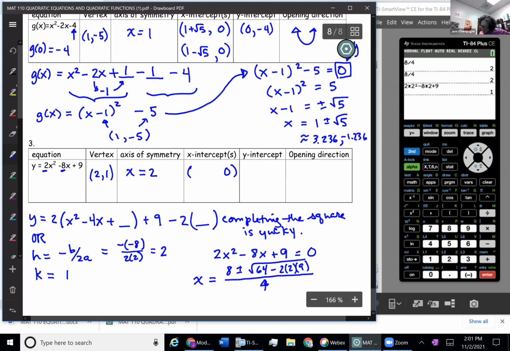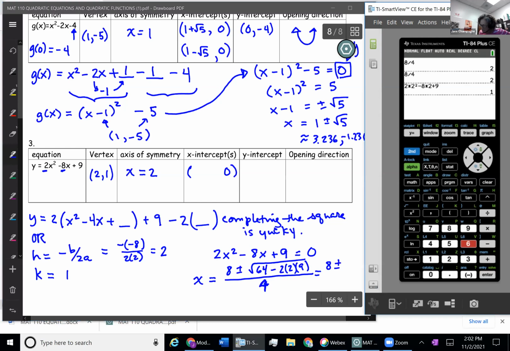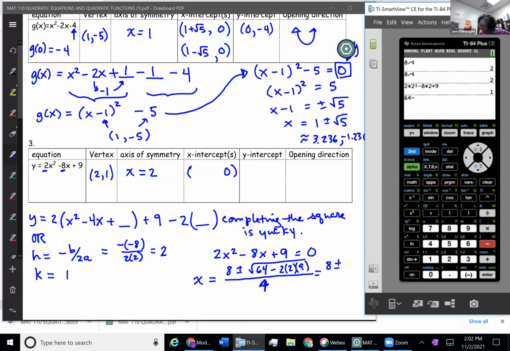Then multiply before you subtract. 2 times 2 times 9 is 4 times 9, or 36. Of course, you can do that on the calculator too: 64 minus 2 times 2 times 9. It does know the correct order of operations.